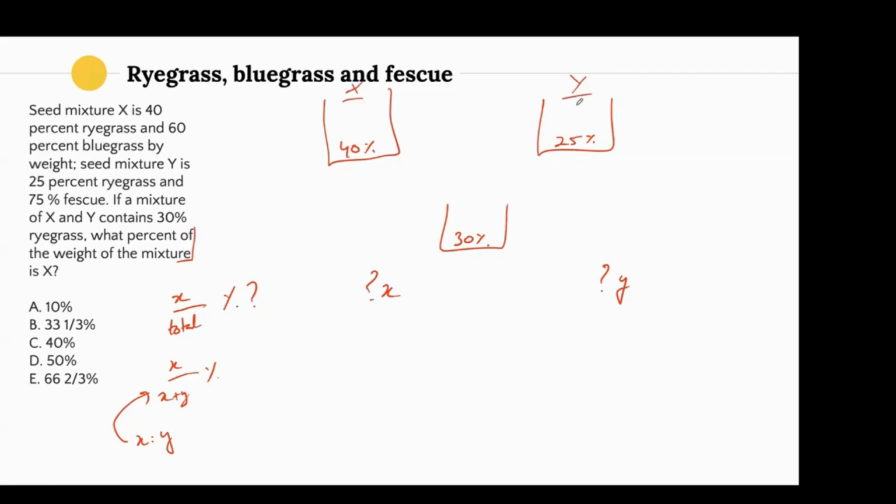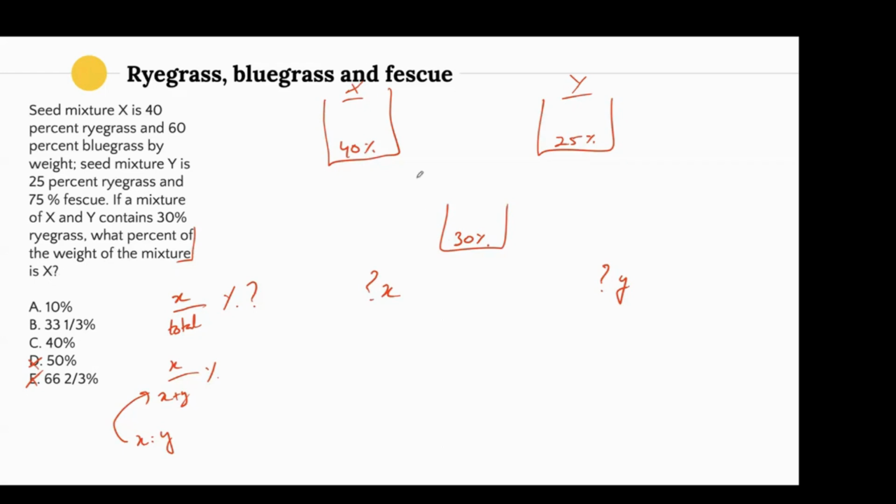Which mixture would be more? Capital Y. Capital Y, yeah. So, if nothing else, I can at least get rid of these two answers. They've asked for what percent of the weight of the whole mixture is X. It will be less than 50% because the other component will be more. Remember, X upon total, not X upon Y. That's what we need here. So less than 50%. Now, how do we figure that out?